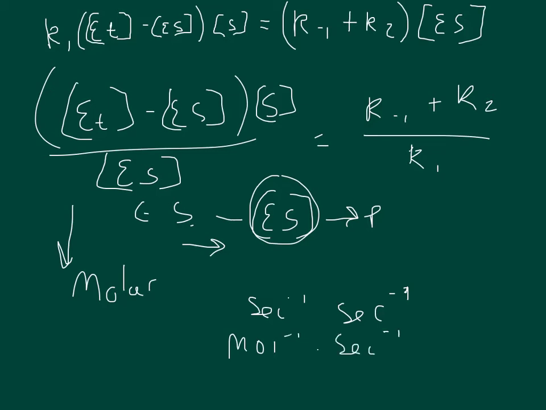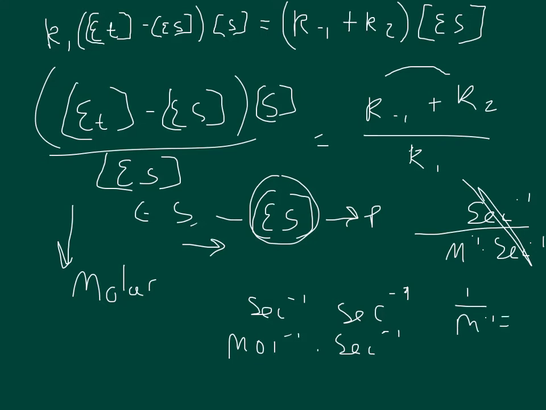When we add per second to per second, our total top value is seconds to the negative 1, and our bottom value is molar to the negative 1 times seconds to the negative 1. So these cancel out, and we end up with a unit of 1 over molar to the negative 1, which is equal to molar. So we have the same units on both sides of the equation. And all this tells us is that, yeah, we did our math right.